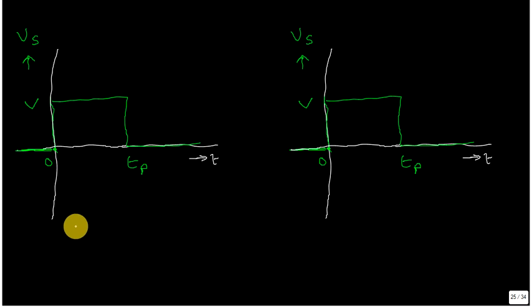So we'll go for the second case, where tau is equal to Tp. When tau is equal to Tp, the capacitor is allowed only one time constant of time.